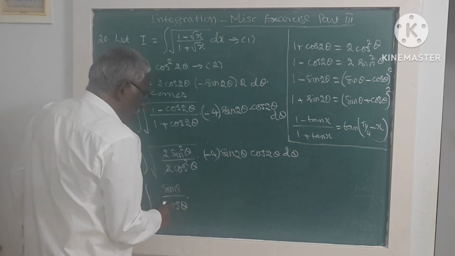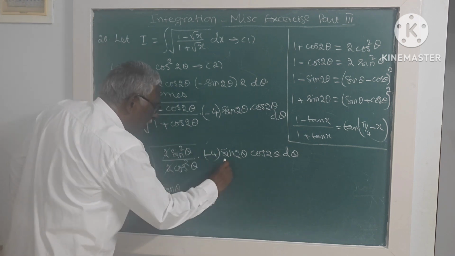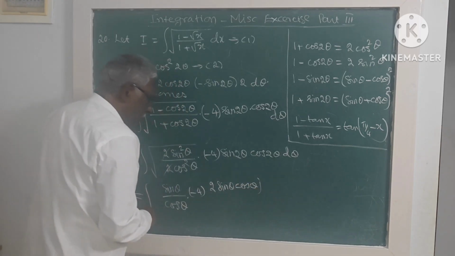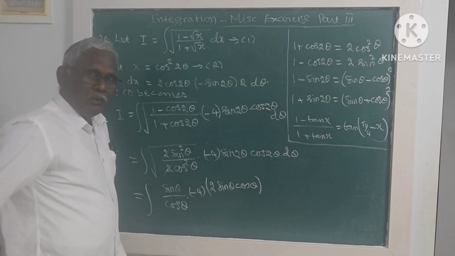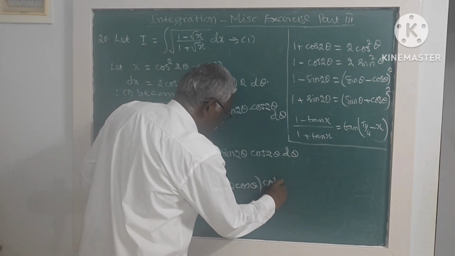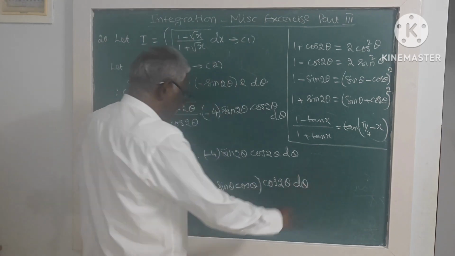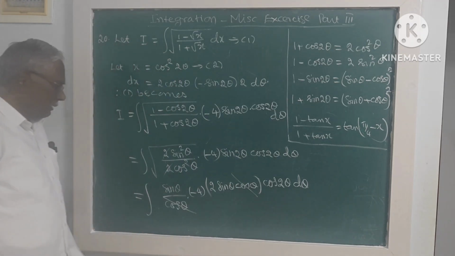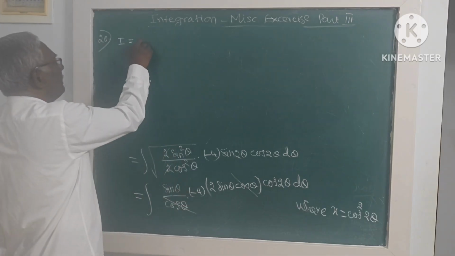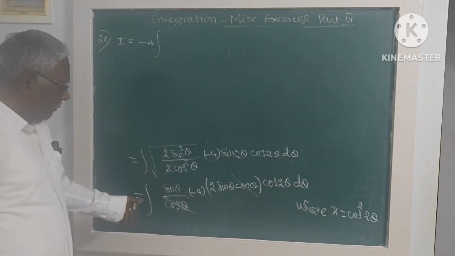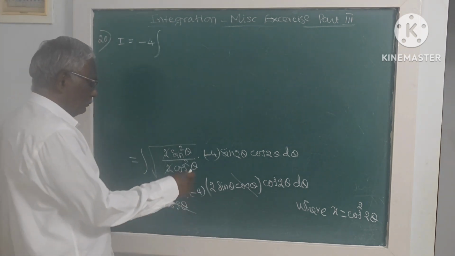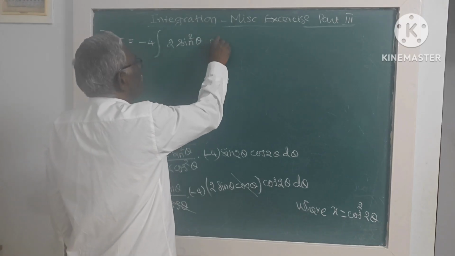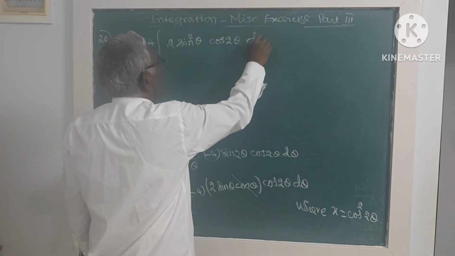So if we expand sin 2 theta, we'll get 2 sin theta cos theta into cos 2 theta d theta. So this cos theta gets cancelled. Take minus 4 outside. Integral 2 sin square theta into cos 2 theta d theta.